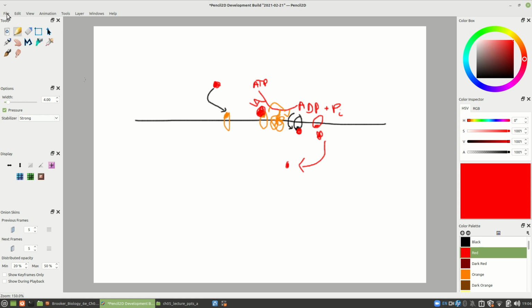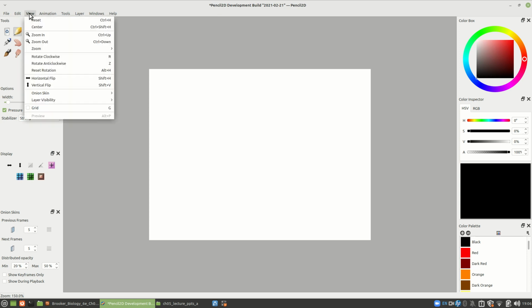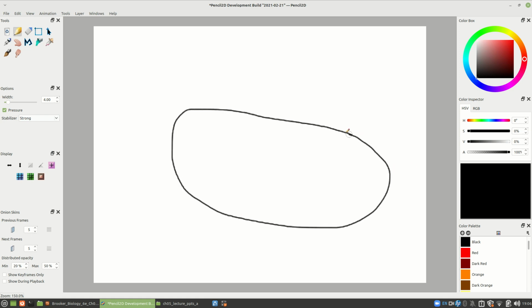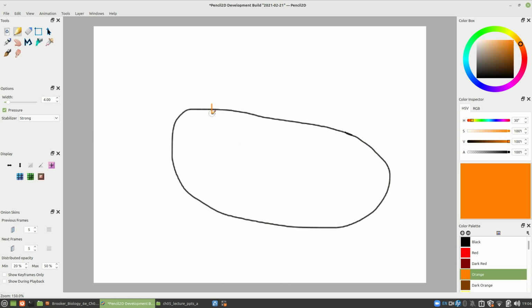Let's do a new one here. All right, we'll make it bigger. So let's say we have a cell. And here we have, let's make it orange again, a protein stuck in the membrane, and it is particularly sticky.